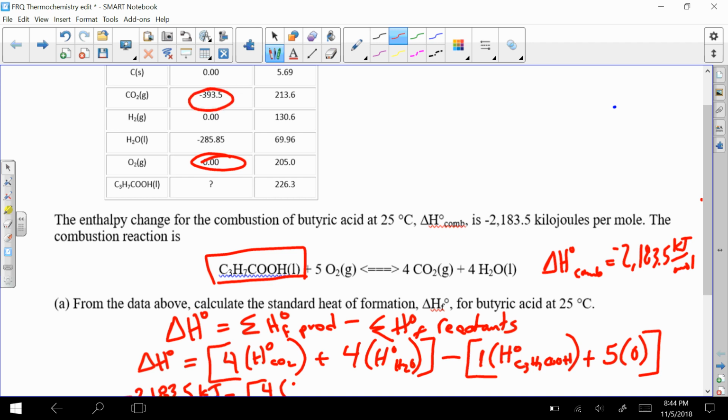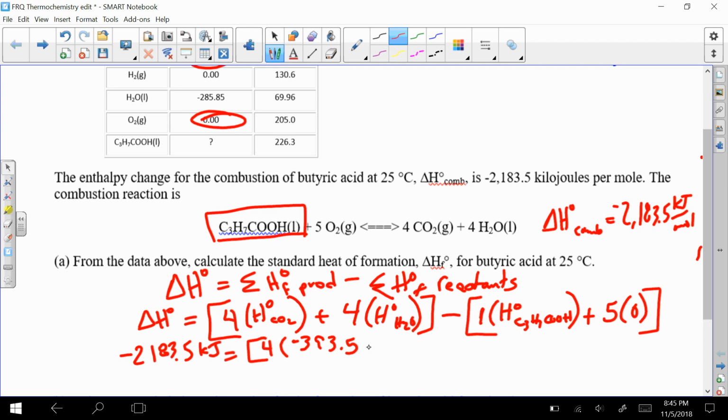We have negative 393.5, plus 4 times the delta H naught of water. And so that one is negative 285.85.